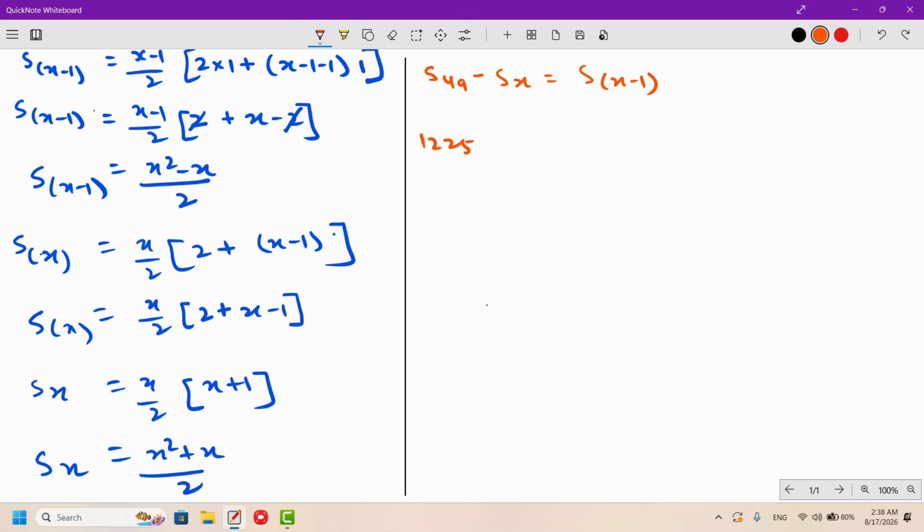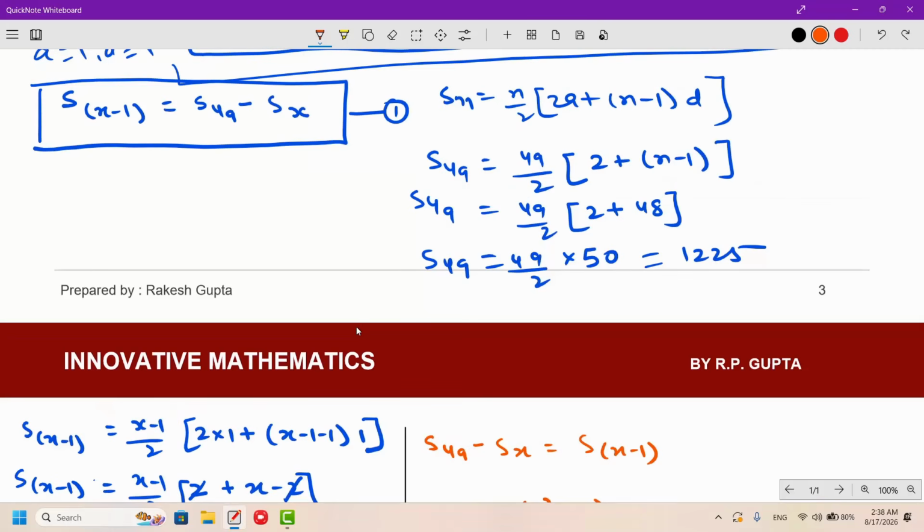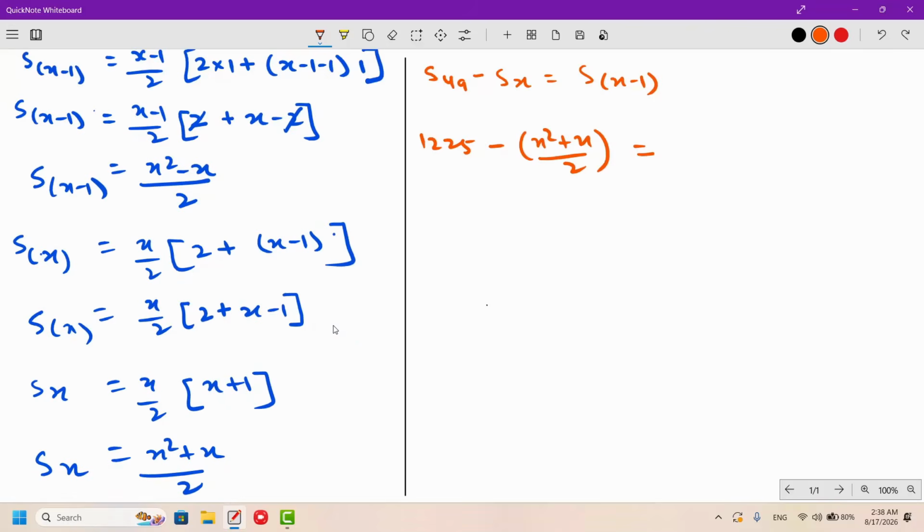So 1225 minus Sx, which is (x square plus x) by 2, is equal to S(x minus 1), which is (x square minus x) by 2. Let's see what comes.